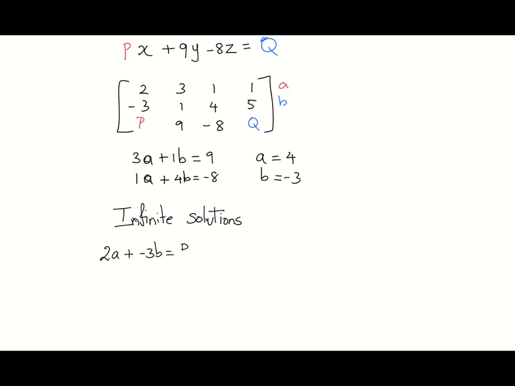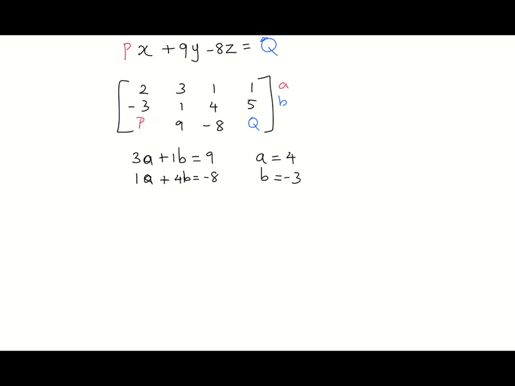So 2 times 4 plus negative 3 times negative 3 equals p. 8 plus 9, 17? All right, so p should equal 17. Now, as for Q, I've got 1A plus 5B equals Q. So 1 times 4 plus 5 times negative 3 equals Q. So what's Q equal to? Negative 11. Okay.